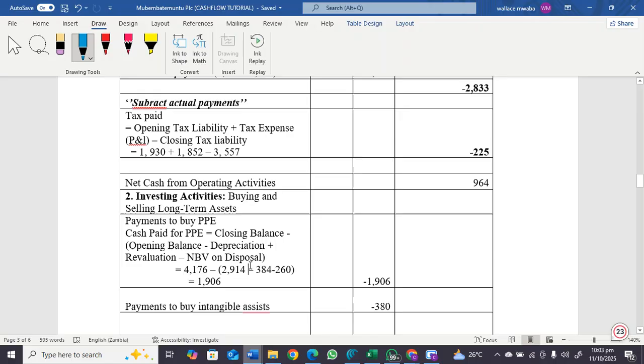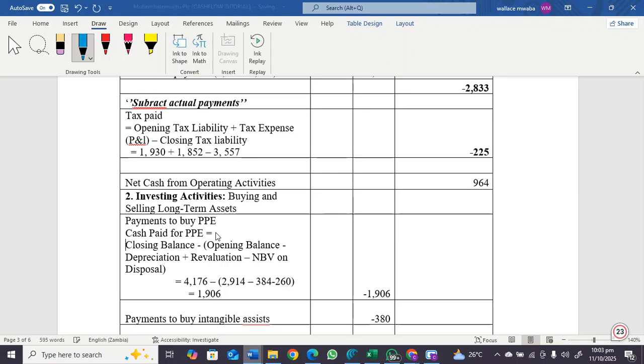If you can't remember this formula, then you have to use the knowledge of the T accounts, which I'll show you in another video. So this is how you find out how much has been paid for any non-current assets, especially plant and equipment.